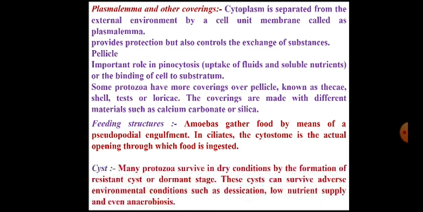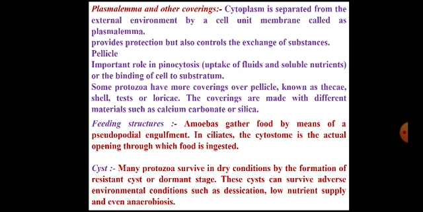Another characteristic of protozoa is the formation of cyst. Many of the protozoans survive in dry conditions by the formation of resistant cysts or the dormant stage. These cysts can survive adverse environmental conditions such as desiccation, low energy supply, or anaerobiosis conditions.